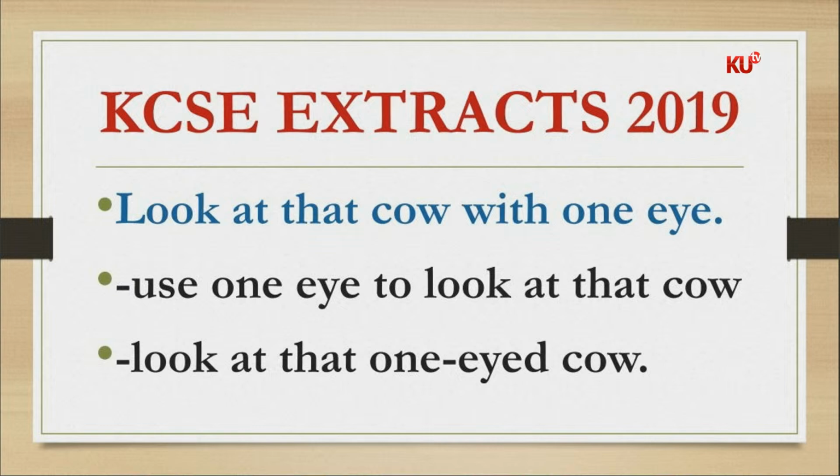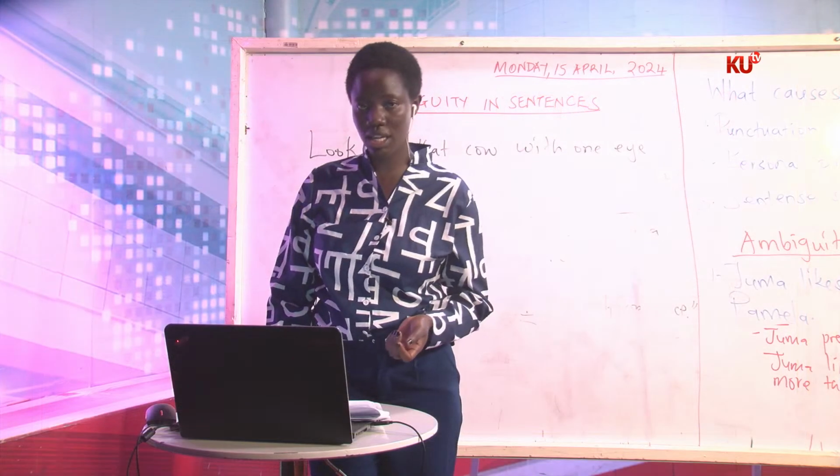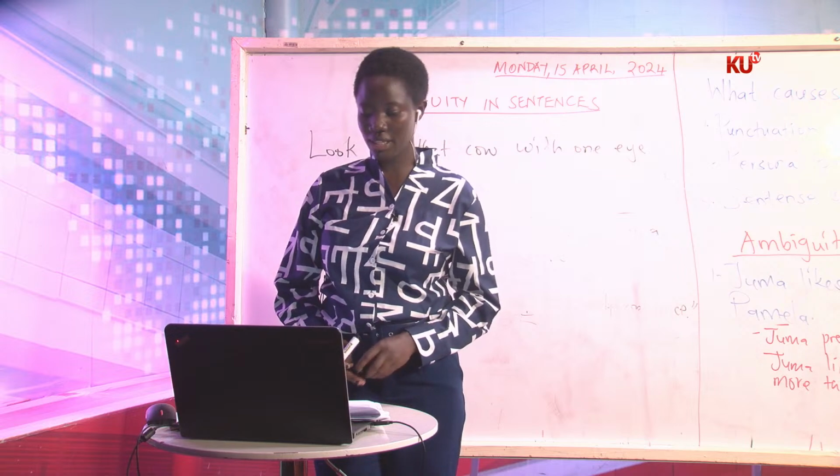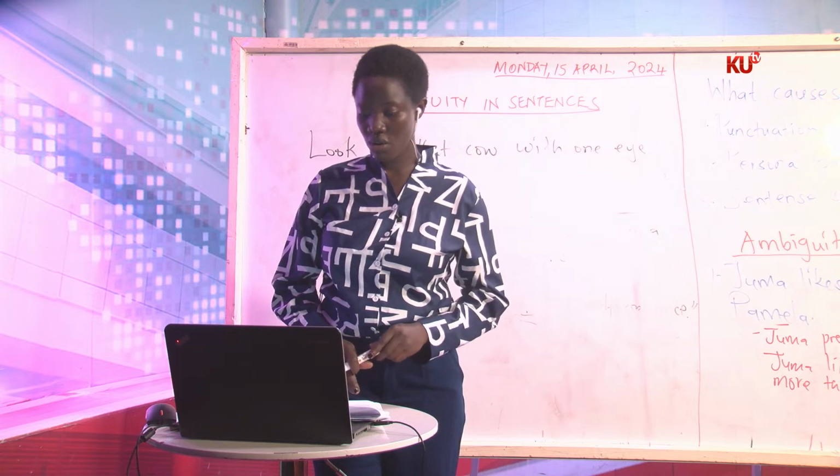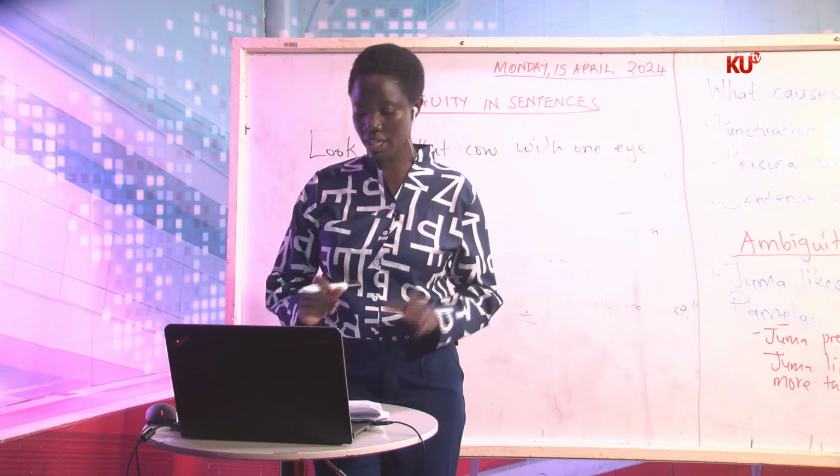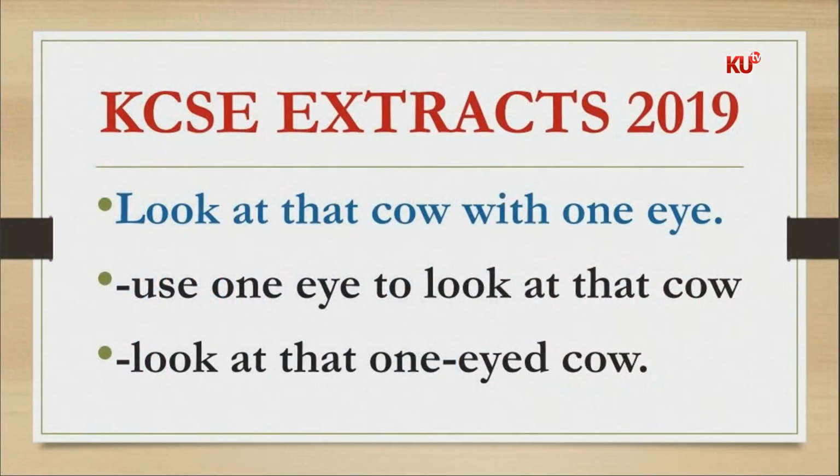So for you to remove ambiguity, or rather to explain the two meanings of that statement, you will say that the first answer is, use one eye to look at that cow, and the second answer is that you look at the cow, and the cow is the one that has one eye.